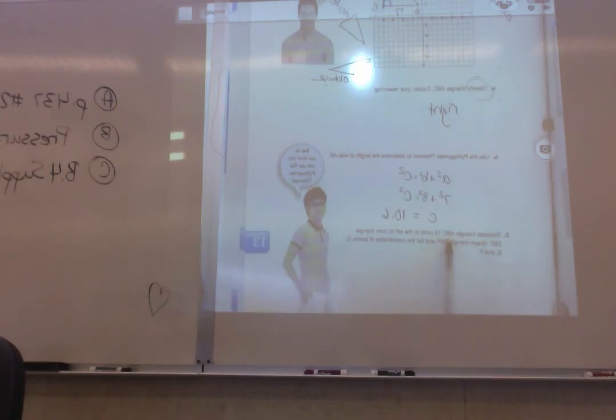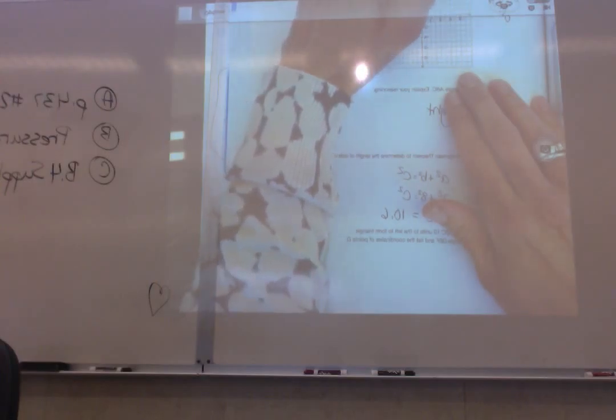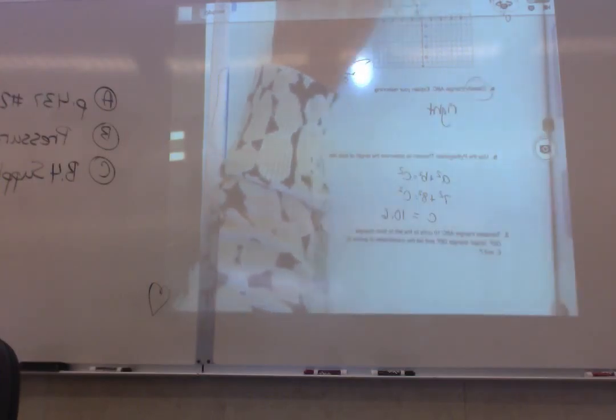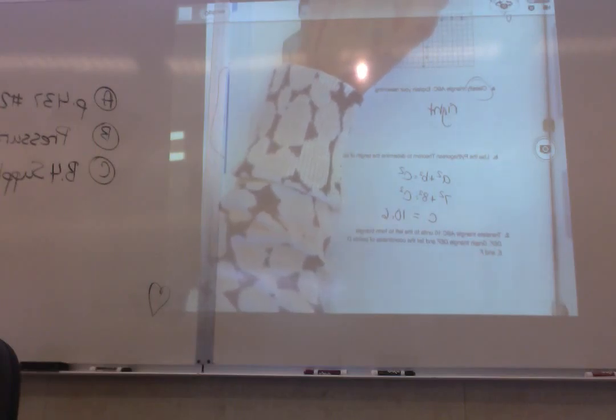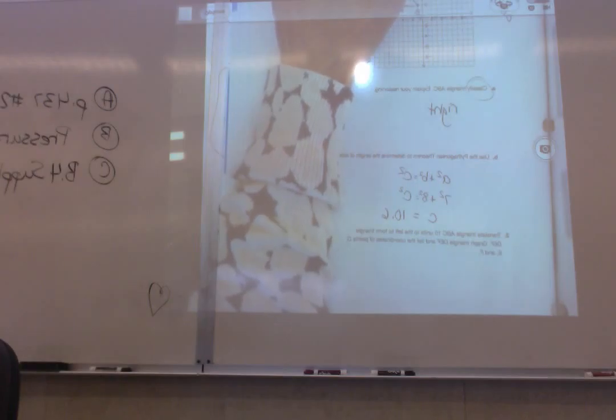Translate the triangle 10 units to the left to form triangle DEF. Graph triangle DEF, list coordinates of the points DEF. So 10 units to the left, each corner we go and count 10 boxes over and make a new dot. Okay, 1, 2. And I'm going to make the D correspond to A because that's smallest in the alphabet or first in the alphabet.